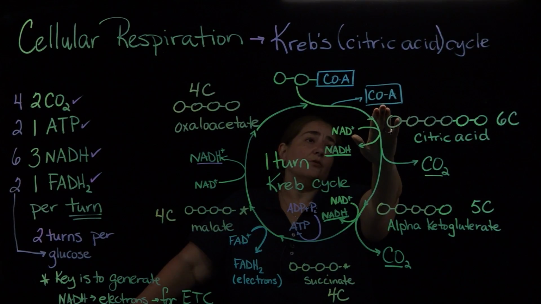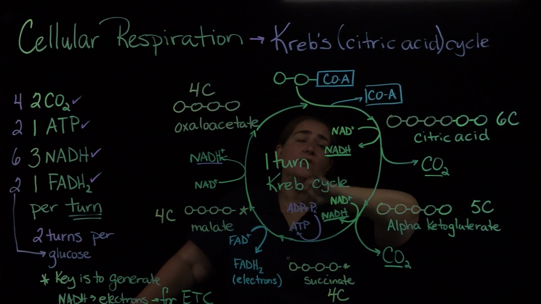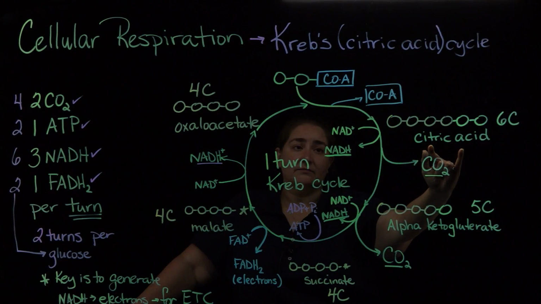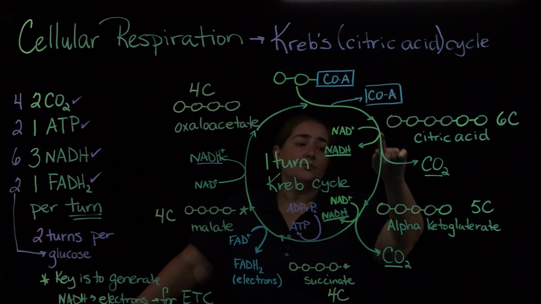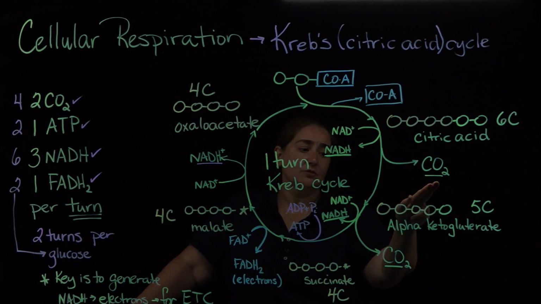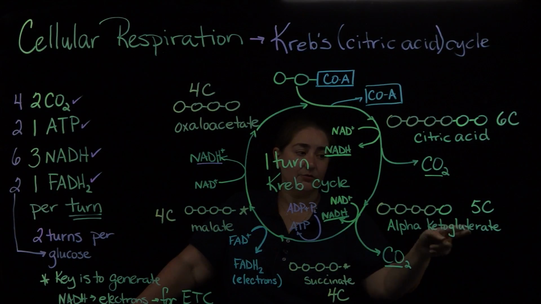That CoA being lost, now we are going to join oxaloacetate to the 2 carbons that came in to generate our citric acid again, okay? Citric acid will be converted to alpha-ketoglutarate. We generate NADH and CO2. Alpha-ketoglutarate is converted into succinate when we lose that other carbon. Lose the carbon, we get carbon dioxide.